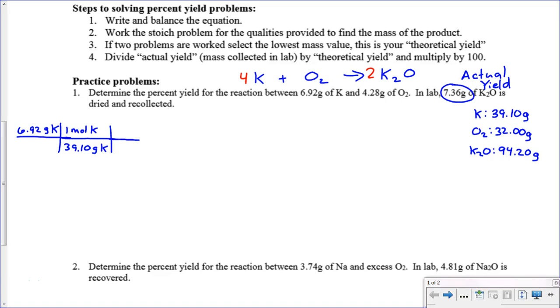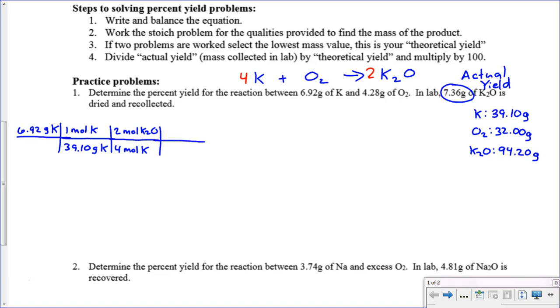In the next step, I need to go from moles of potassium to moles of my product. I use the mole ratio, which comes from the coefficients of the chemical equation: 4 moles of potassium for every 2 moles of K2O.